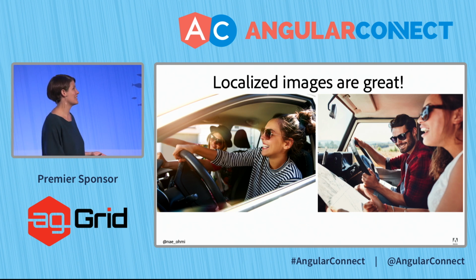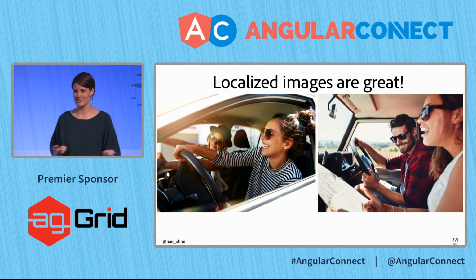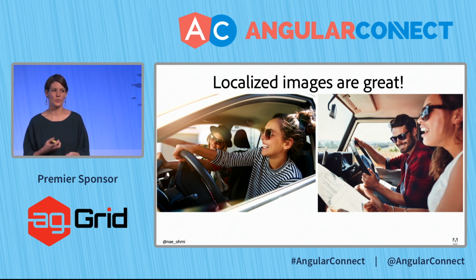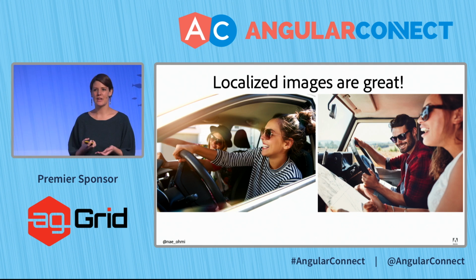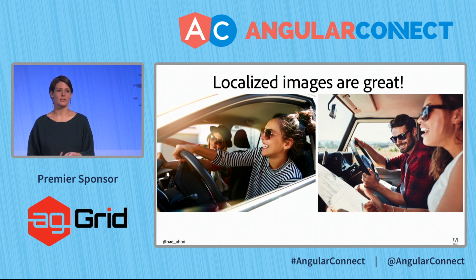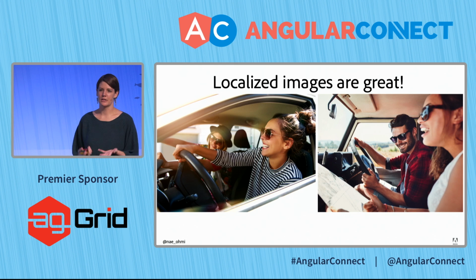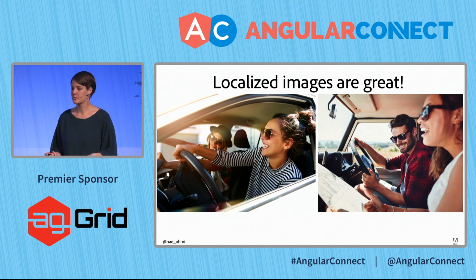So this is kind of a very literal example because clearly in different places people drive on different sides. But there's other sort of more nuanced versions where you can include images that are culturally relevant. So, different people displayed, different religious symbols, different icons, really making sure that you're personalizing your content for your users around the world.